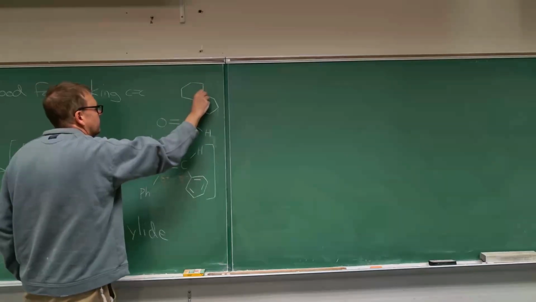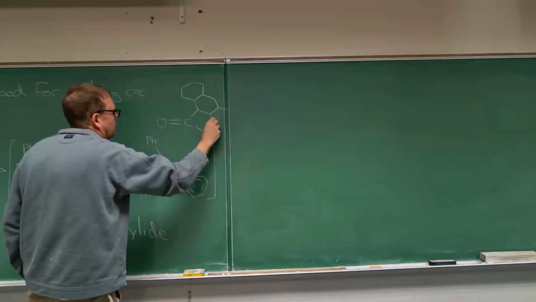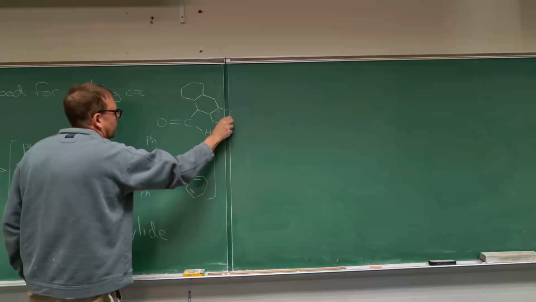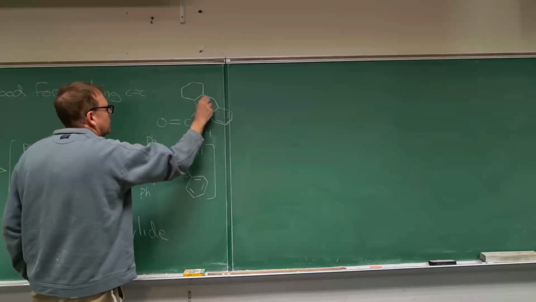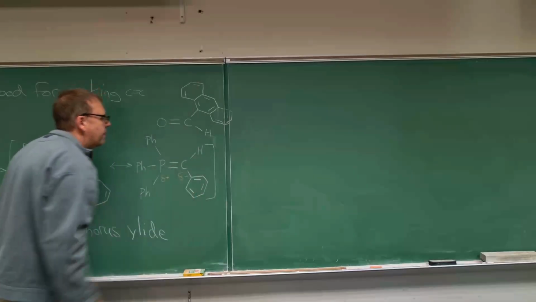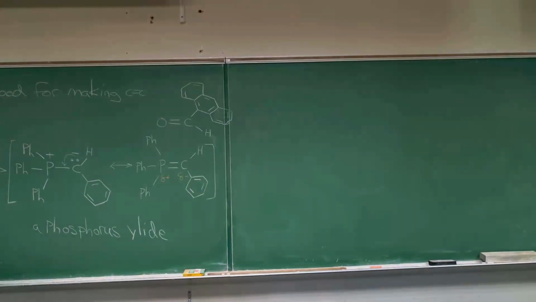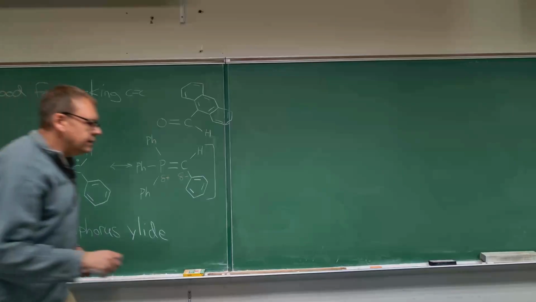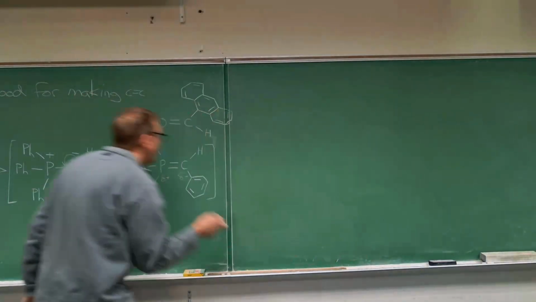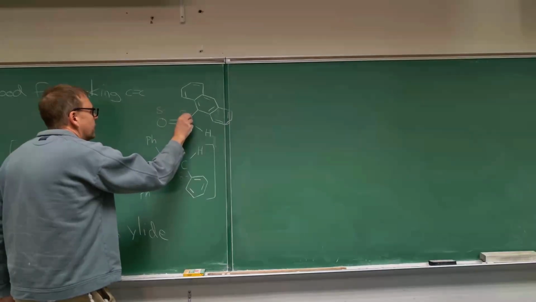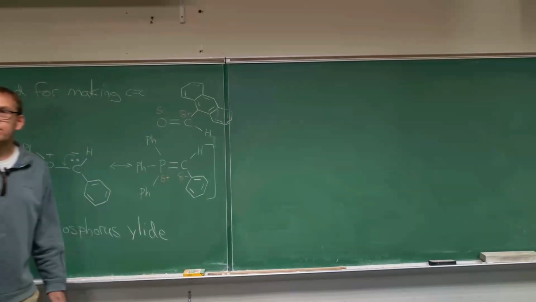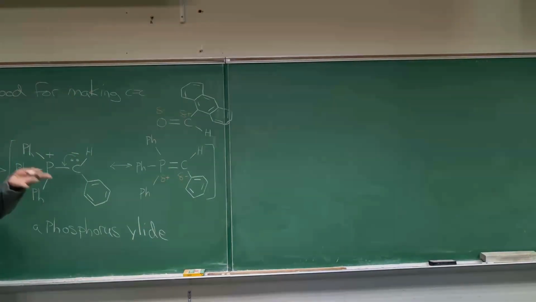So I'm just going to give you this example because you've seen it before. And the reason I'm drawing it like this is the aldehyde has a polarized bond as well. It has a partial negative charge on the oxygen and a partial positive charge on the carbon of the carbonyl. That's one of the things that defines how it works.